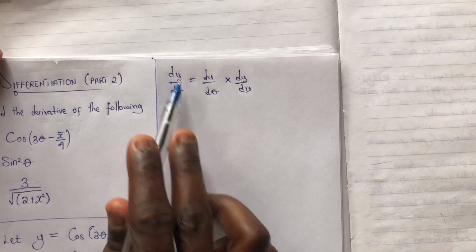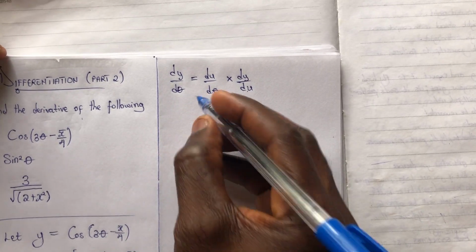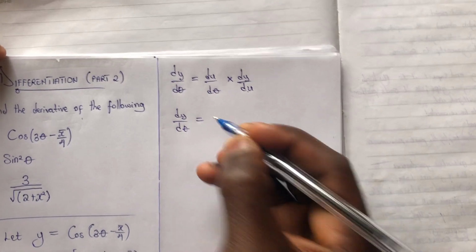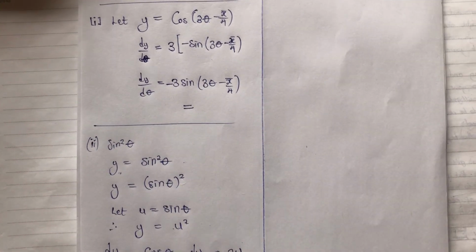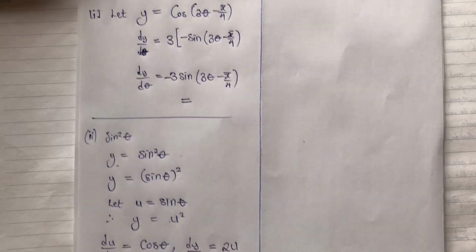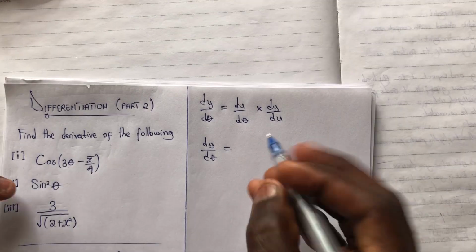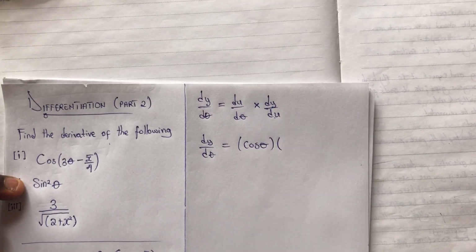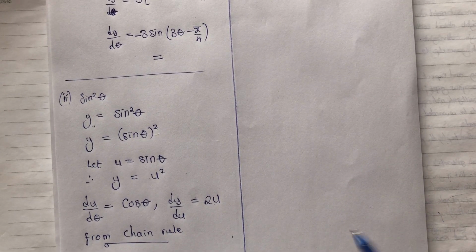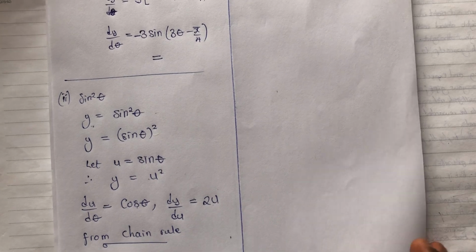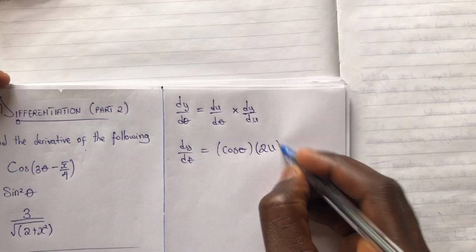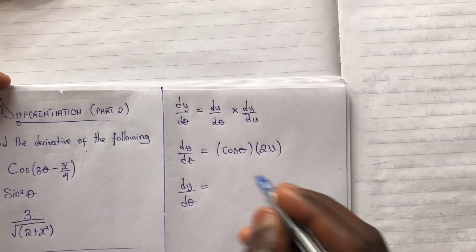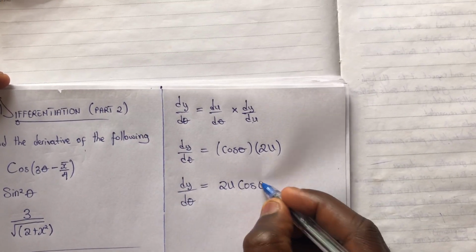So we substitute everything we have, dy/d theta being equal to, what did we get for du/d theta? That was cos theta. So we write cos theta multiplying dy/du, we had 2u, so we put it there. Alright, so dy/d theta will give us 2u cos theta.